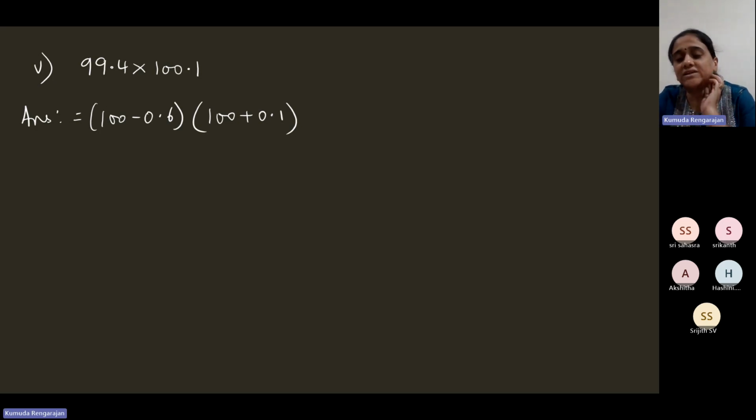So, which identity will you use to simplify this? x squared plus (a plus b)x plus ab.